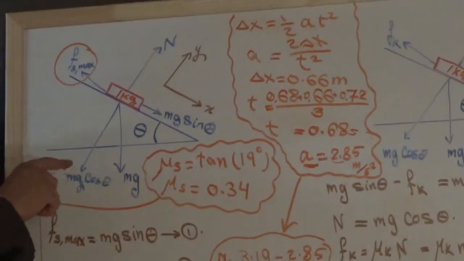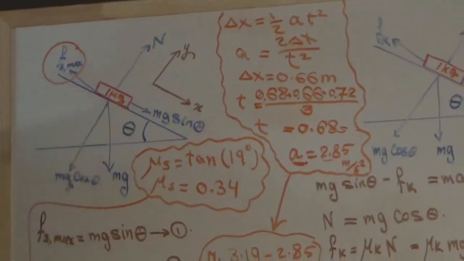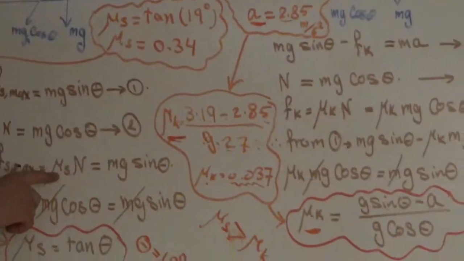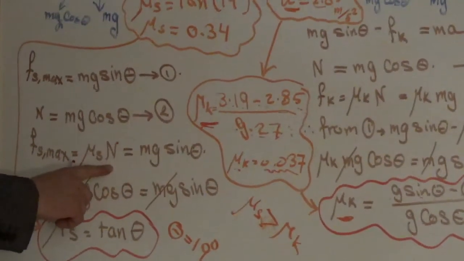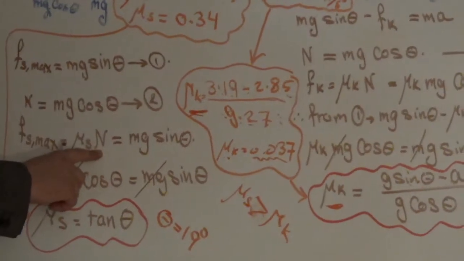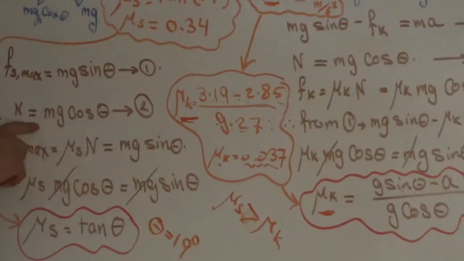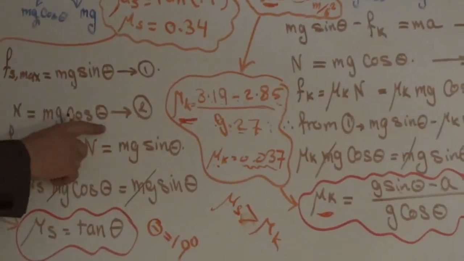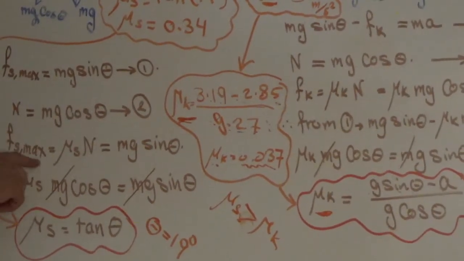Now guys, we can see that we can figure out f s max. So we know that f s max is equal to mu s times normal force, and normal force here is equal to mass times gravity cosine theta, so you can figure out f s max.